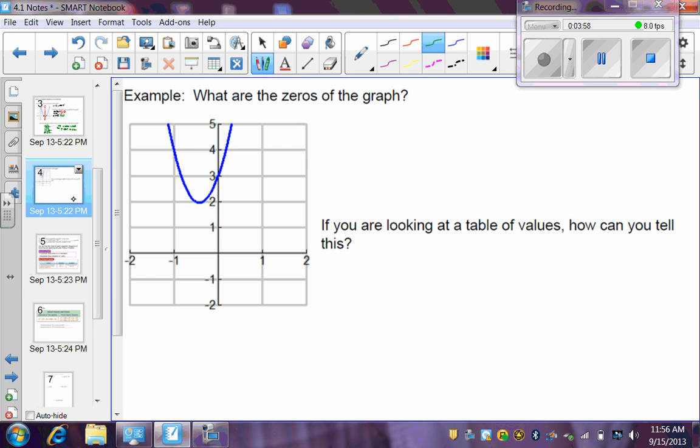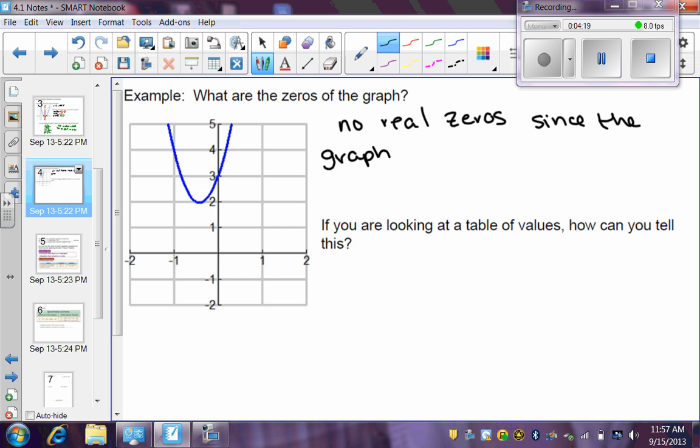Let's look at another example. So the question again asked us, what are the zeros of this graph? Well, if you look at the graph, it never crosses the x-axis. So there are no real zeros, since the graph never crosses the x-axis.